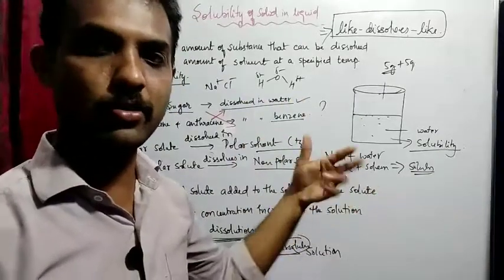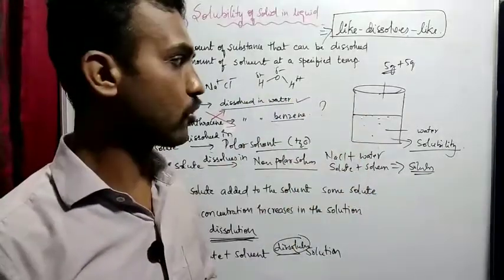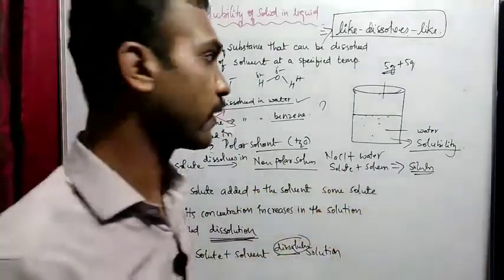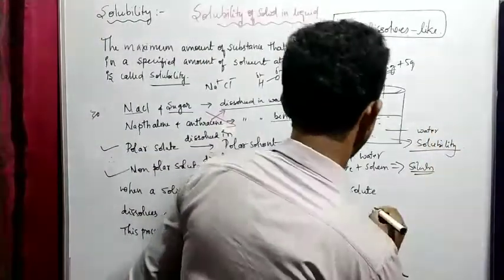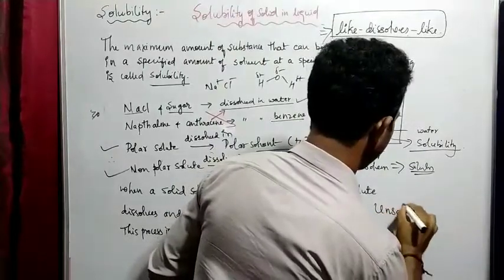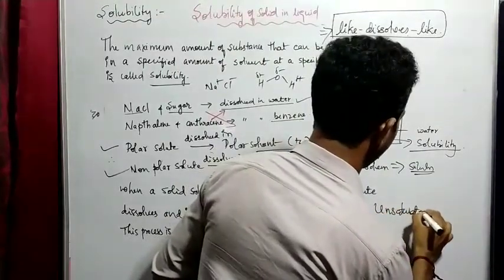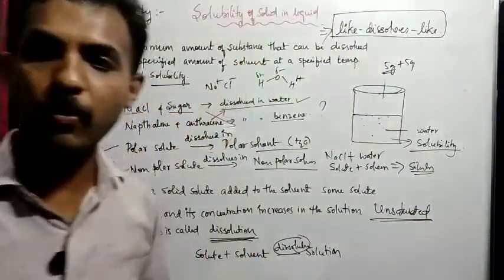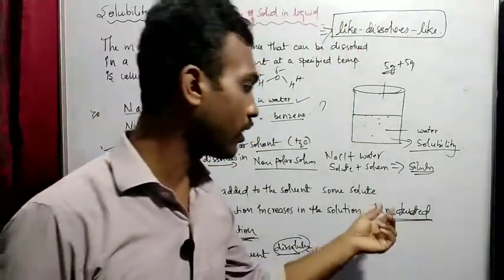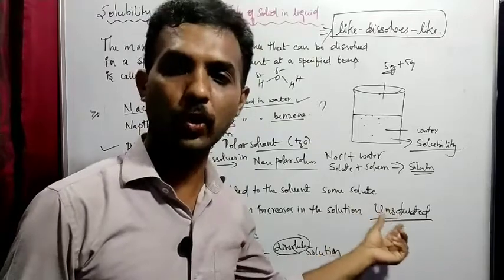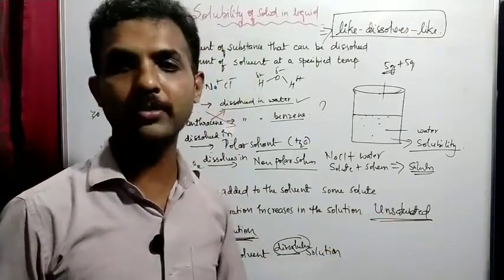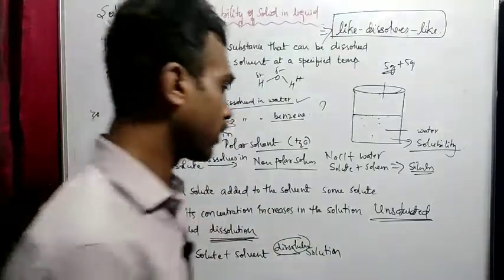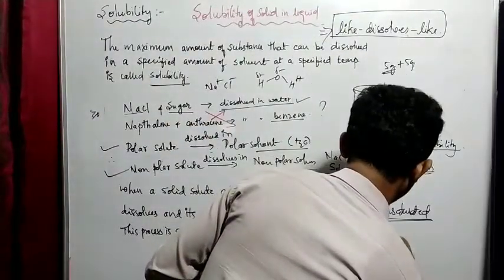You had already made a solution, and if you add more solute to it, it still dissolves. Such a solution we call what? Unsaturated solution, right? You can add more and more solute to such a solution, and we call it unsaturated. It is not saturated, it is unsaturated. And then you have one more thing, the saturated solution.